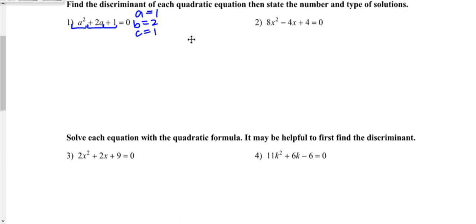So when I do b squared minus 4ac, I'm going to do 2 squared minus 4 times a times c. So I get 4 minus 4, which is 0. When I get 0 as my answer, that just means I have one real solution.